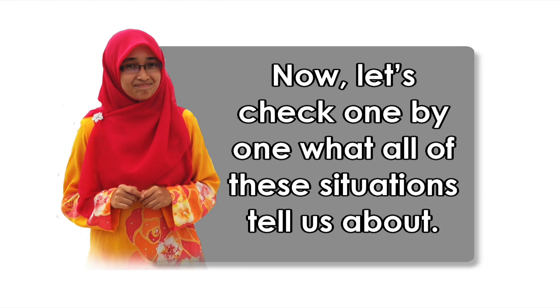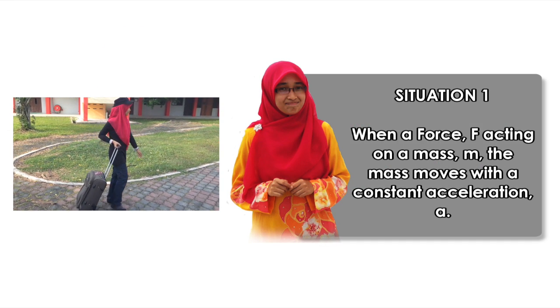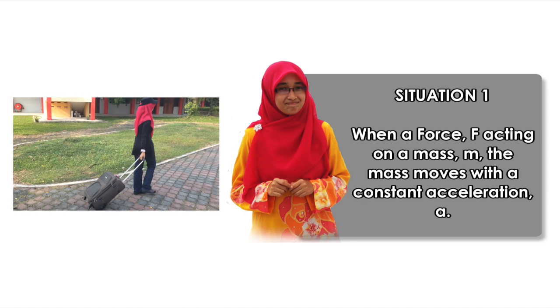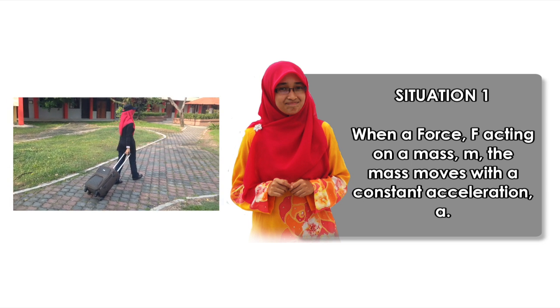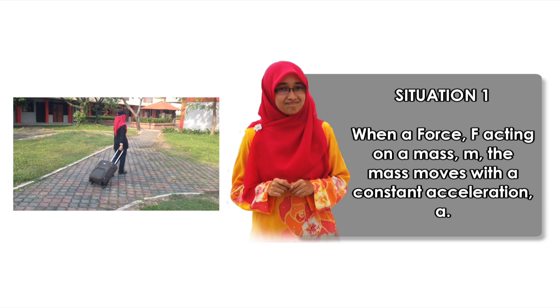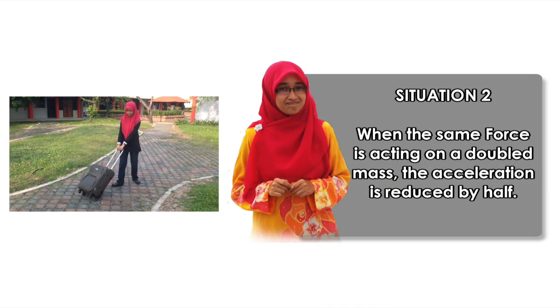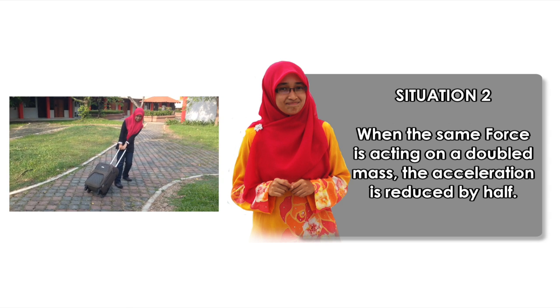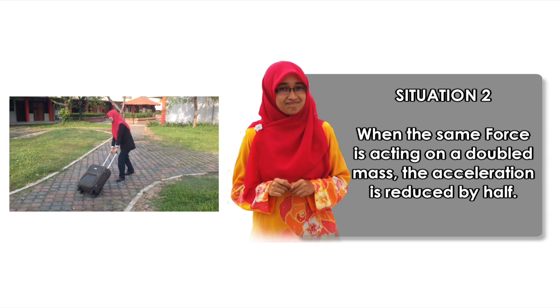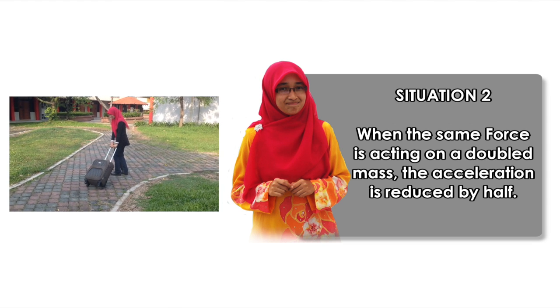Now let's check one by one what all of these situations tell us. Situation 1 shows that when a force F acts on a mass m, the mass moves with a constant acceleration a, while situation 2 shows that when the same force acts on a double mass, the acceleration is reduced by half.